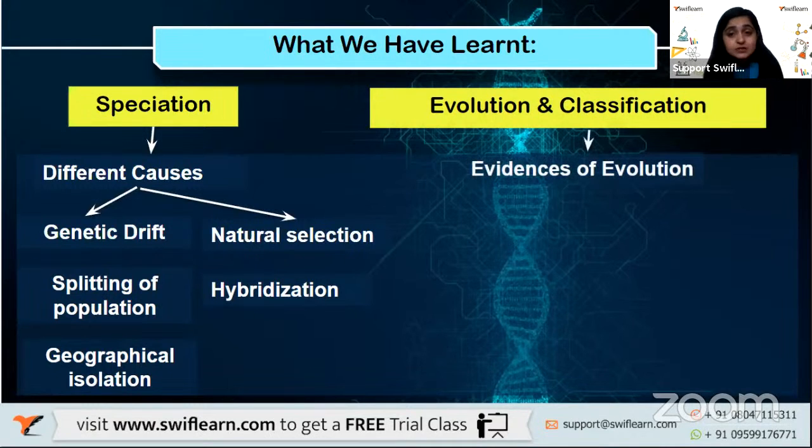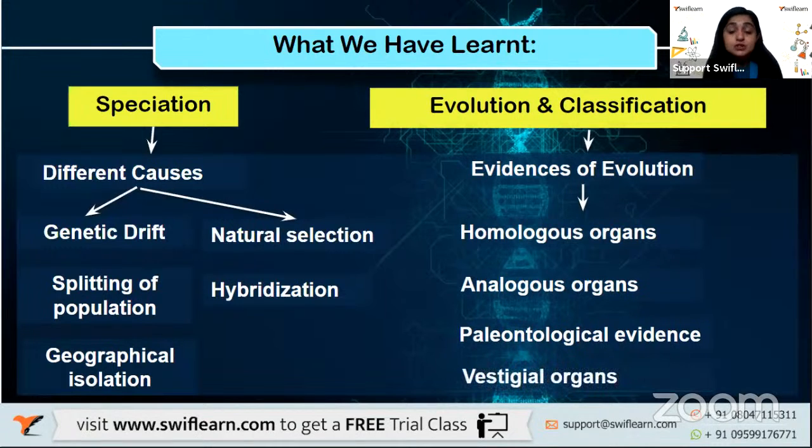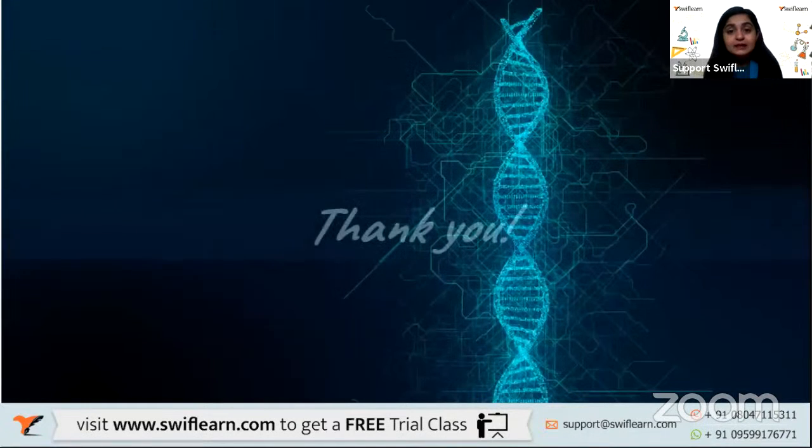We have also learned about how scientists find the evidence of evolution, what homologous organs and analogous organs are, paleontological evidences, and vestigial organs.